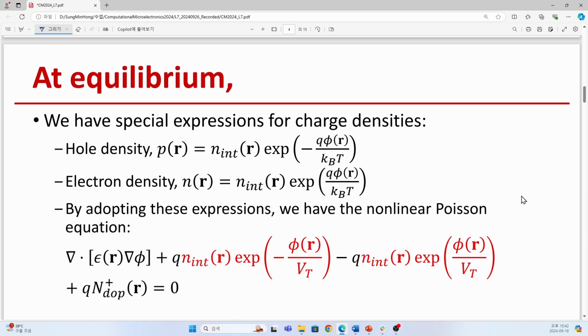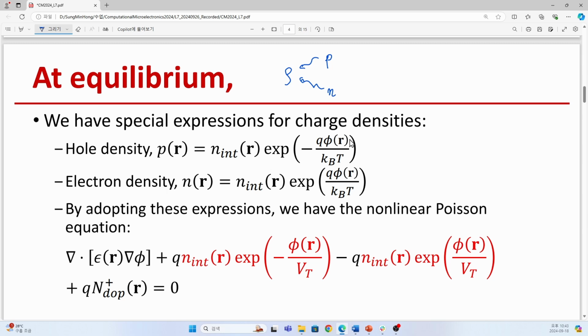Of course, the calculation of this charge density, especially from the hole concentration and electron concentration, is the real problem of TCAD simulation. How many electrons are there, or how many holes are there? These are the central questions of TCAD simulation.